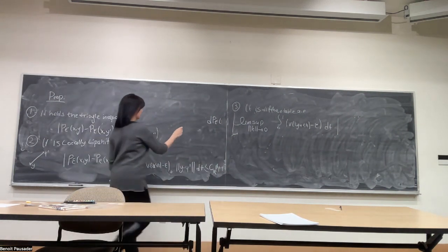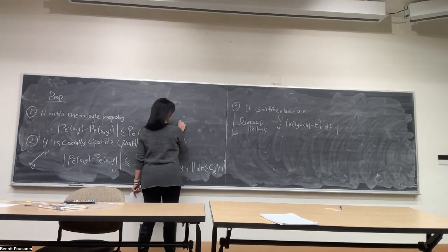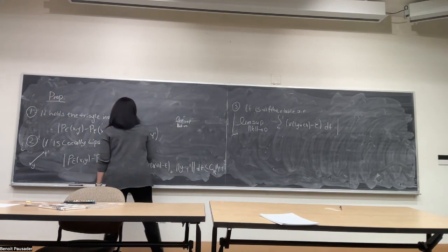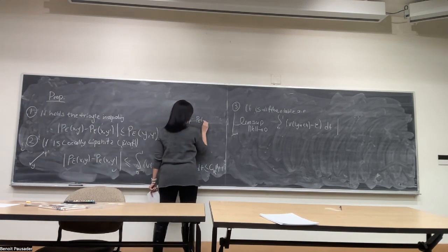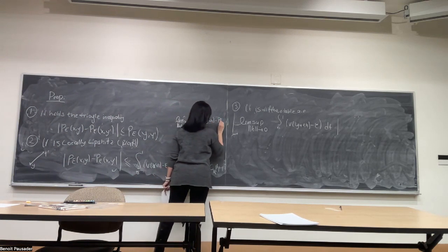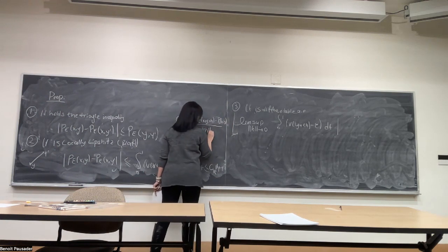So this is limit. Let me write it, limit h goes to 0. Right, so I will have e^(x(y+h)) minus p(x,y), and I'm gonna divide it by h.